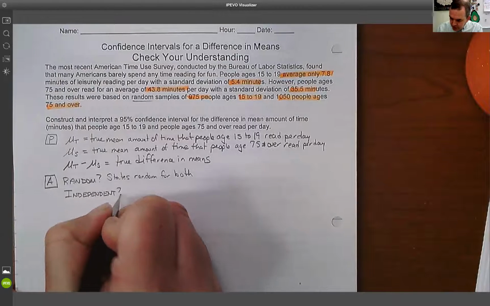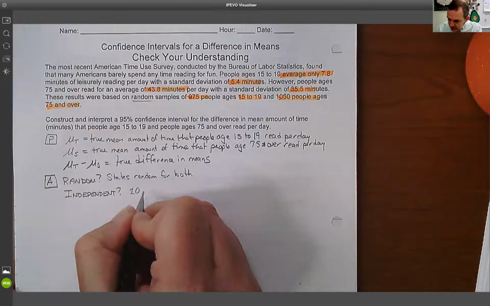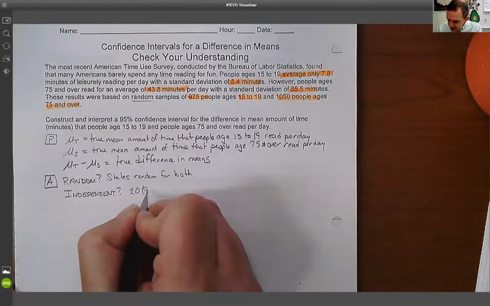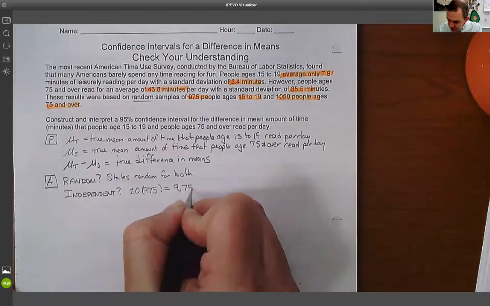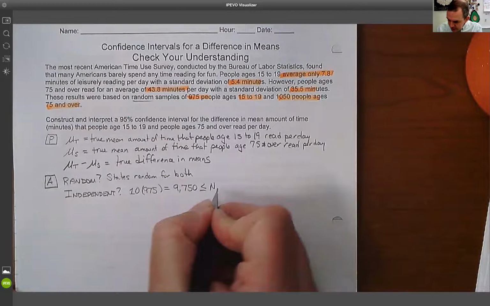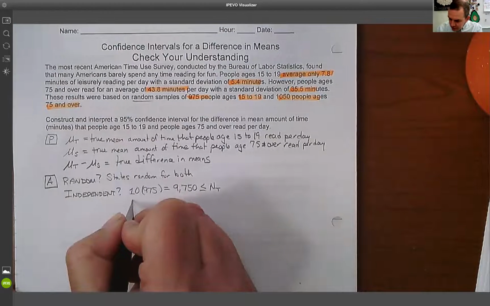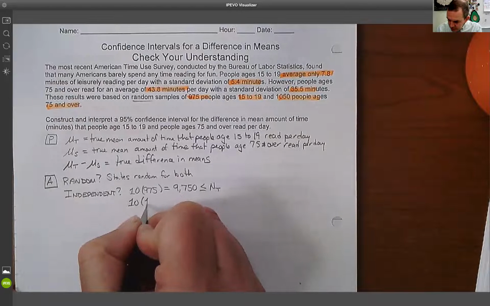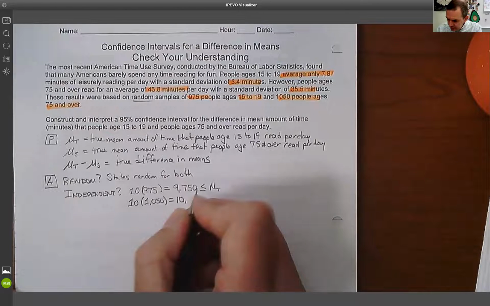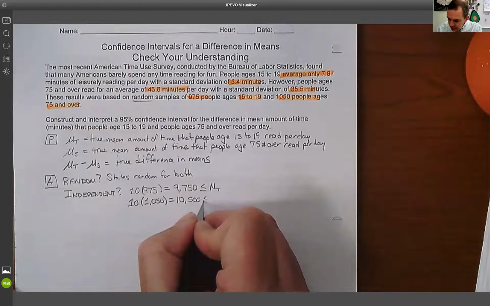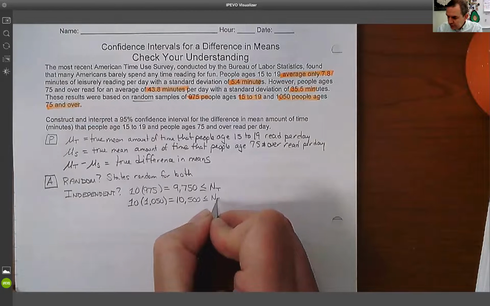We need to do it for both. So I'm going to do 10 times 975, which equals 9,750, and compare that to the population of teens. Then 10 times 1,000, so that's 10,000, and we're going to compare that to our older folks.